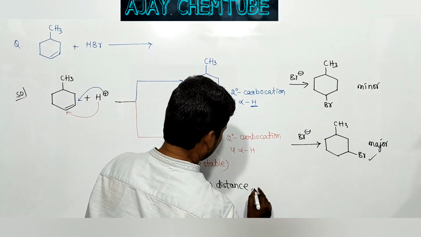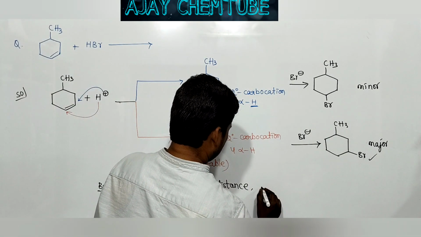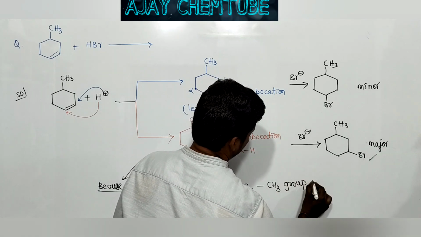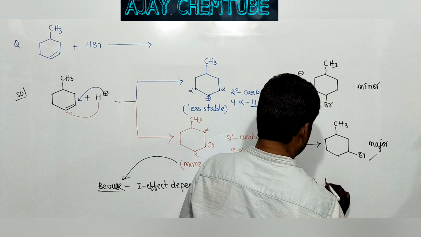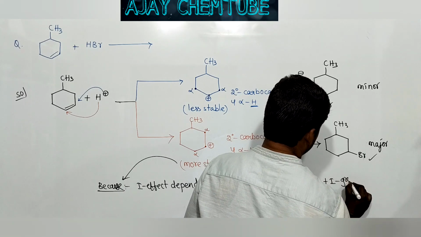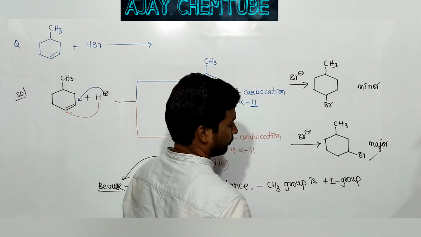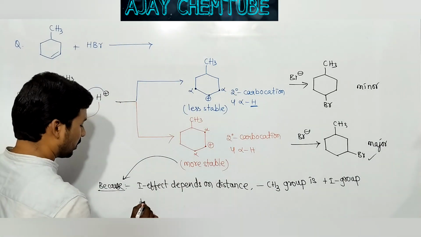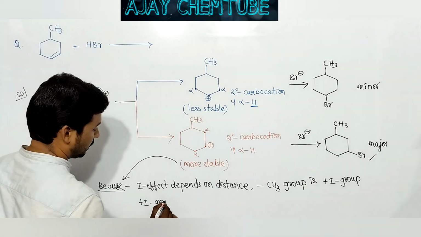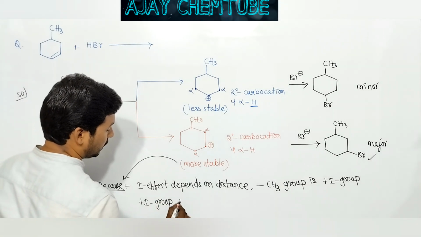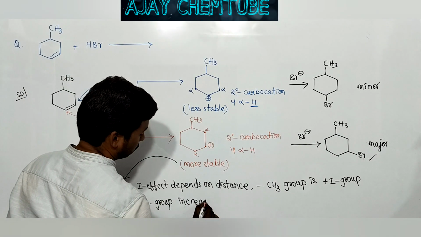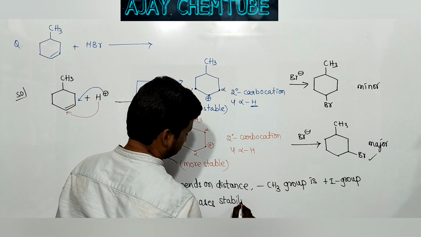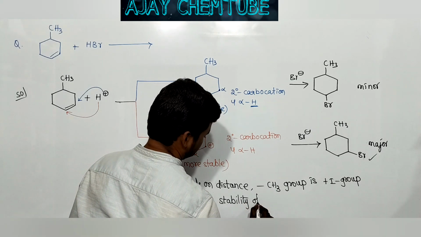Methyl group is a plus I group. Plus I groups increase the stability of carbocation.